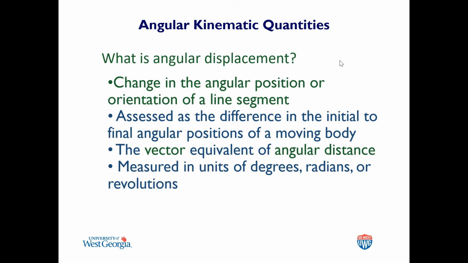It's just our starting point to our ending point. And if we make a vector in that, that's equivalent to an angular distance. Typically when we're talking about angular displacement, we talk about it in degrees. So the body segment moved 10 degrees, 90 degrees, 180 degrees. We can also use radians.